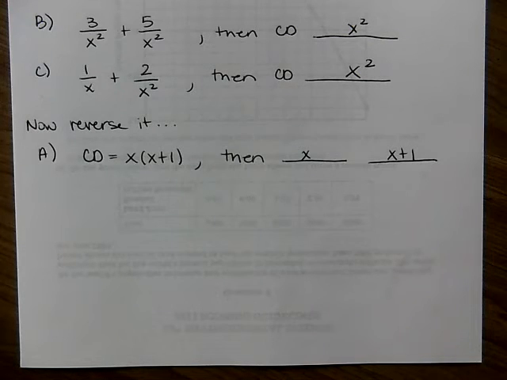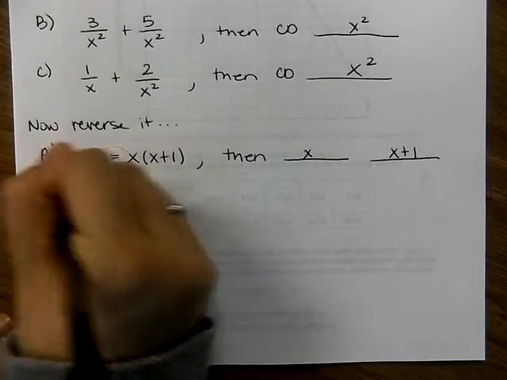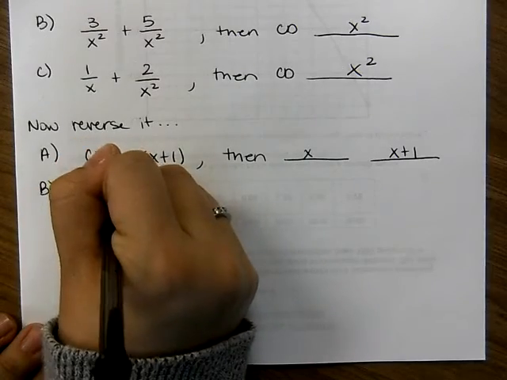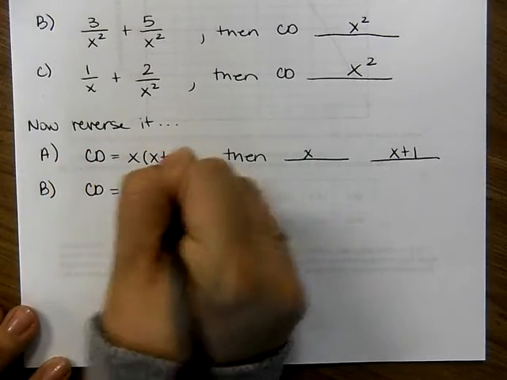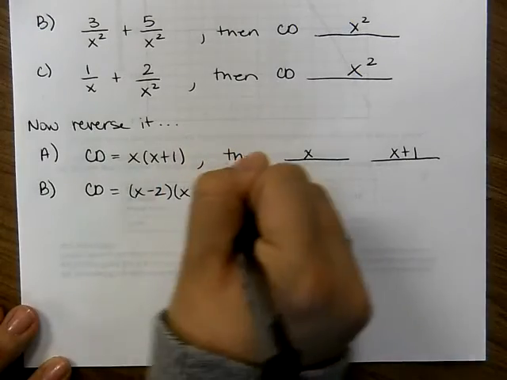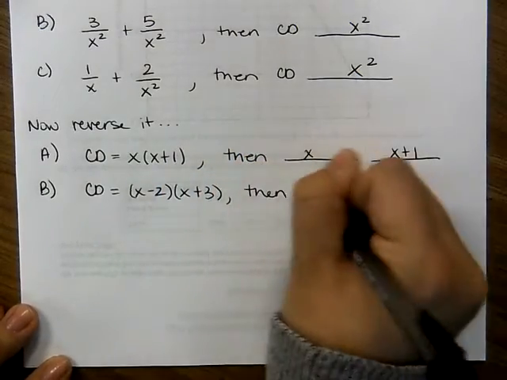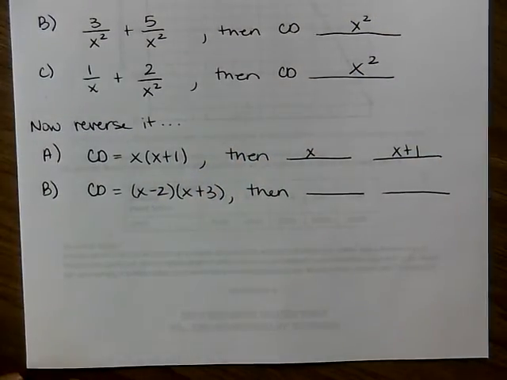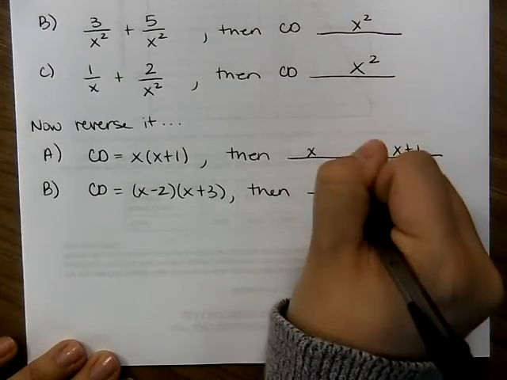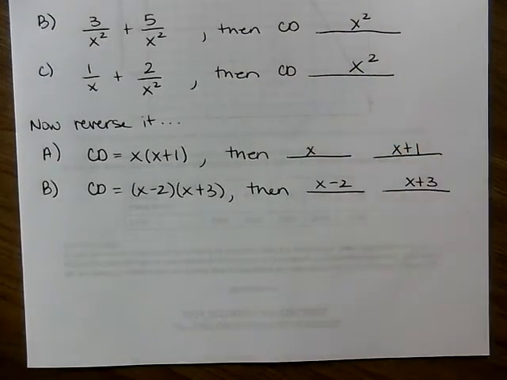I'm going to give you a second to catch up because I want you to think about it more than write it. What if our common denominator was x minus 2 times x plus 3? What would our two pieces be? X minus 2. Yep, x minus 2, x plus 3. Okay?